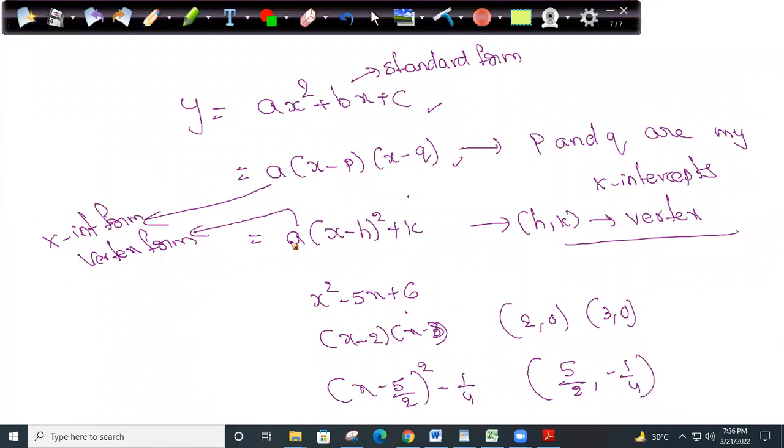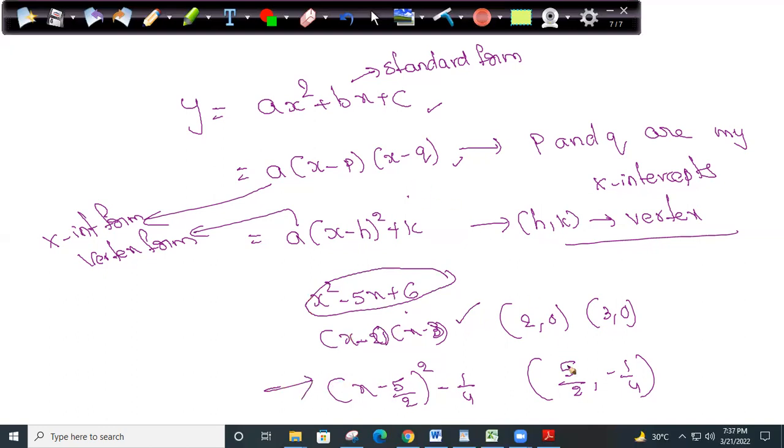If they ask which of the following functions represents the x-intercepts as constants or coefficients, here 2 and 3 are my x-intercepts. I can see them as constants and coefficients, so you are required to select this option. They can also ask where you can see the minimum value as a constant or a coefficient. The minimum value I can see is minus 1 by 4, so immediately I need to select the vertex form.